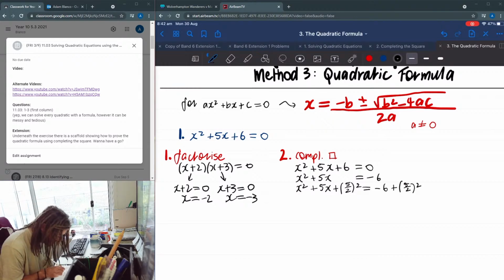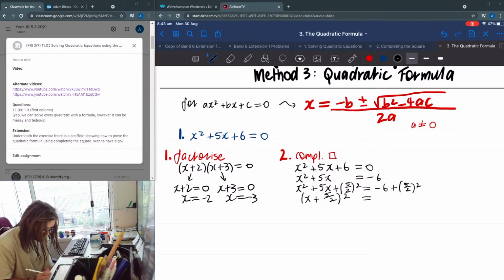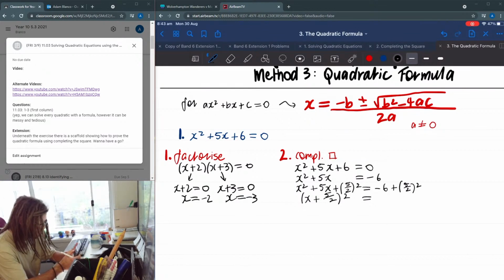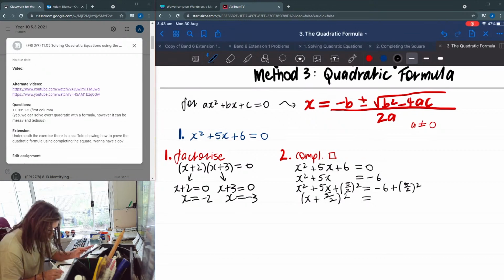Okay, so now I can factorize this thing. That's x plus, so I've done this a bit of a different way. Now minus 6, I'm going to need a calculator for that thing. Minus 6 plus 5 on 2 squared is a quarter.